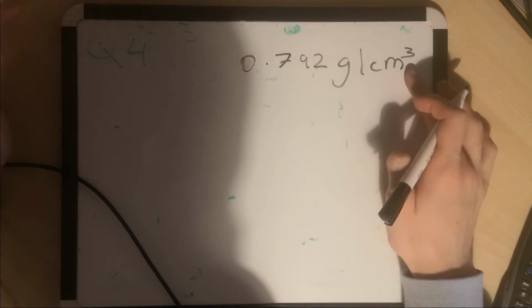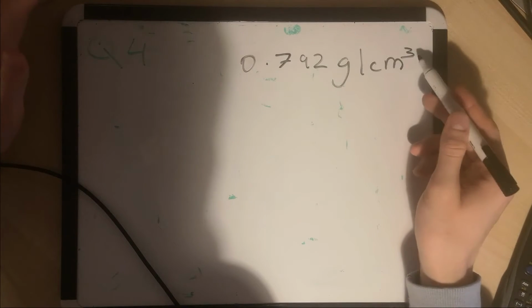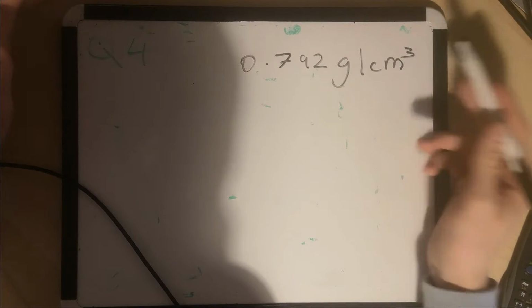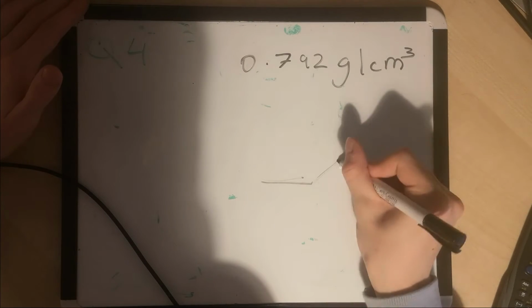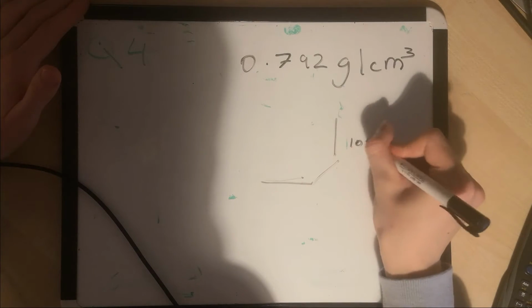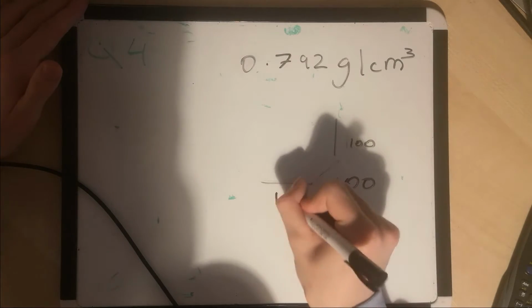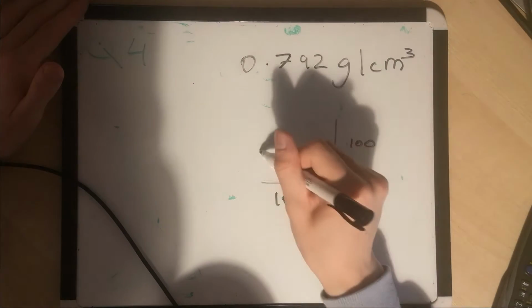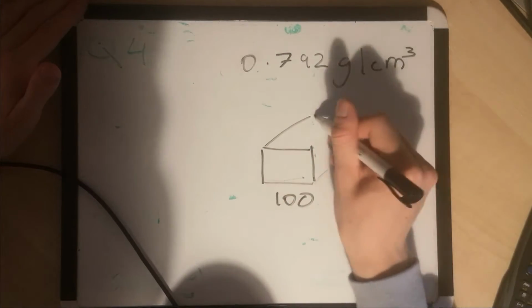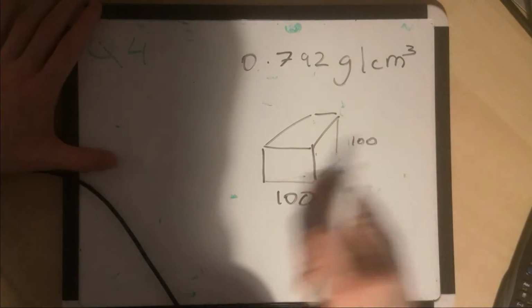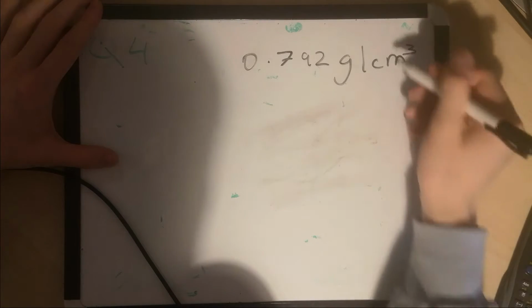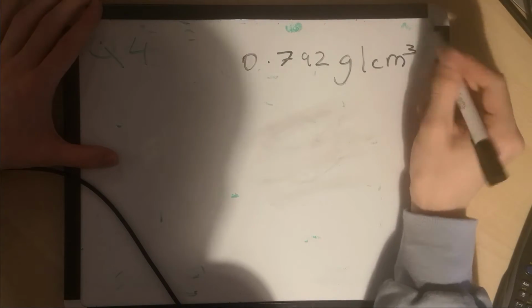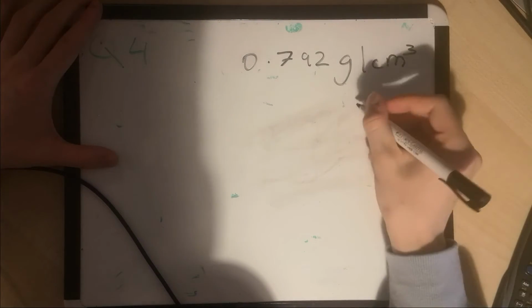We can convert to centimeters first. How many centimeters cubed are in a meter? Well, there's 100 this way, 100 that way, and 100 up, so it's 100 by 100 by 100. So to convert, we need to multiply by 100 cubed.